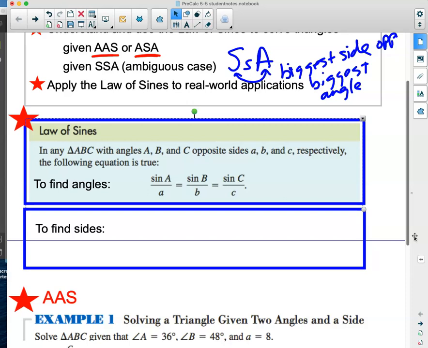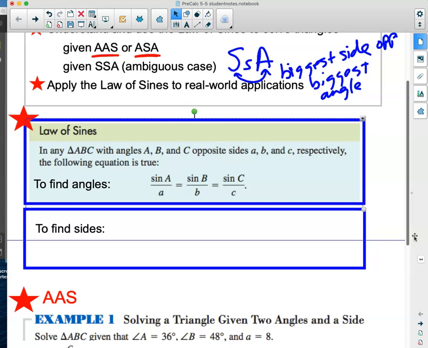To find the angles or the sides, we have the sine of angle A over lowercase a equals the sine of angle B over lowercase b equals the sine of angle C over lowercase c.